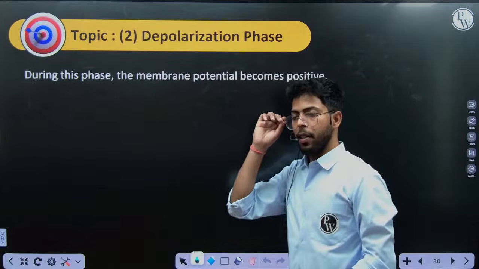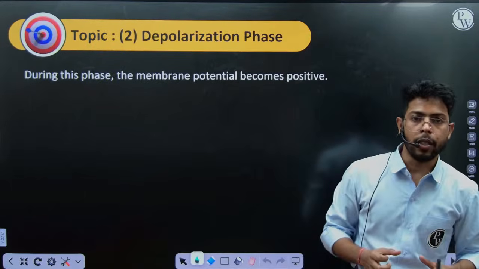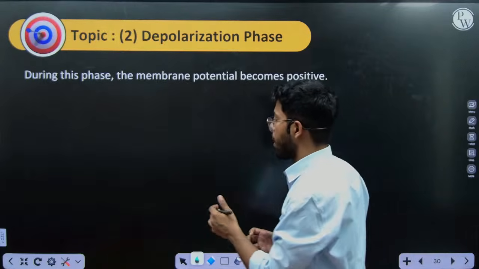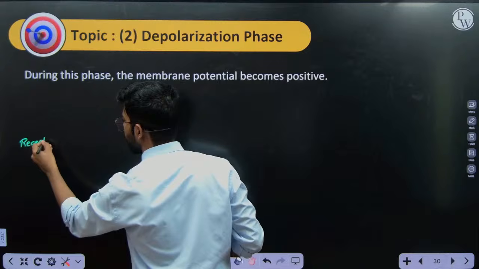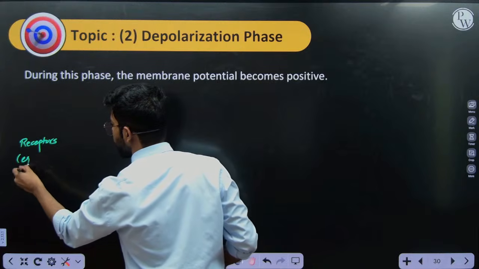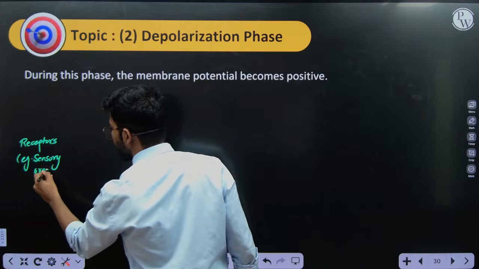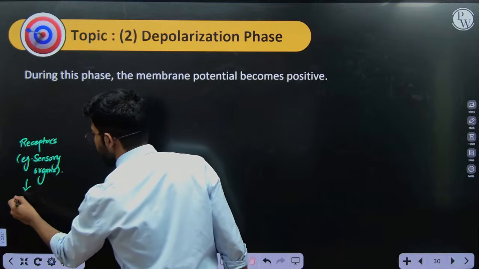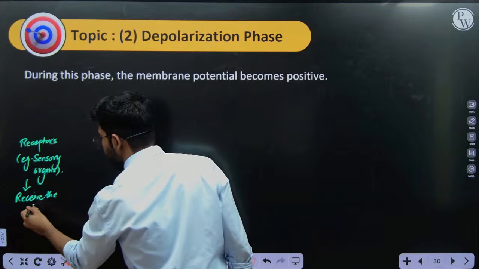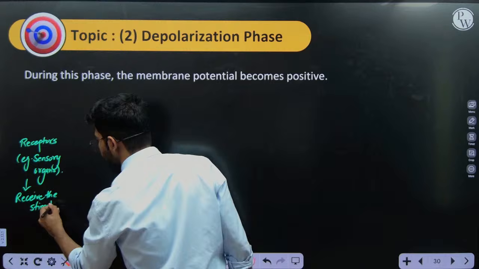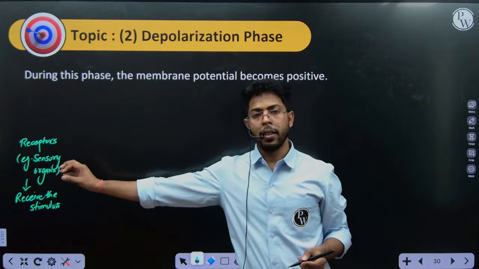Now the depolarization phase. Whenever the neurons receive or sense a stimulus, there are receptors, for example in sensory organs.